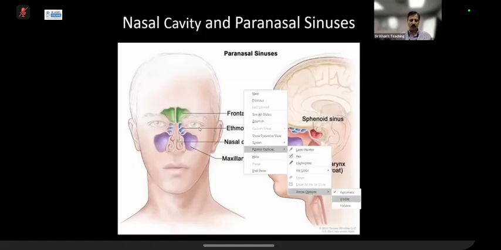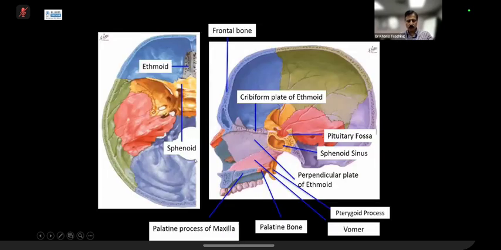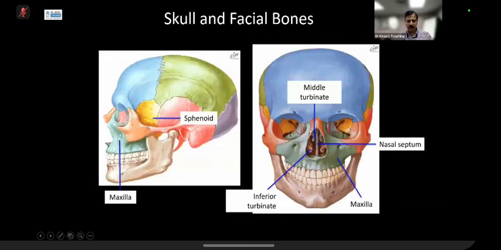And from there, it goes into the nasopharynx, and we just swallow it. So if the drainage pathway is blocked, then you can get sinusitis. Of course, there is other etiology also, but the main thing here is to learn the anatomy of the drainage pathway. So if you see here, just concentrate on this maxilla.